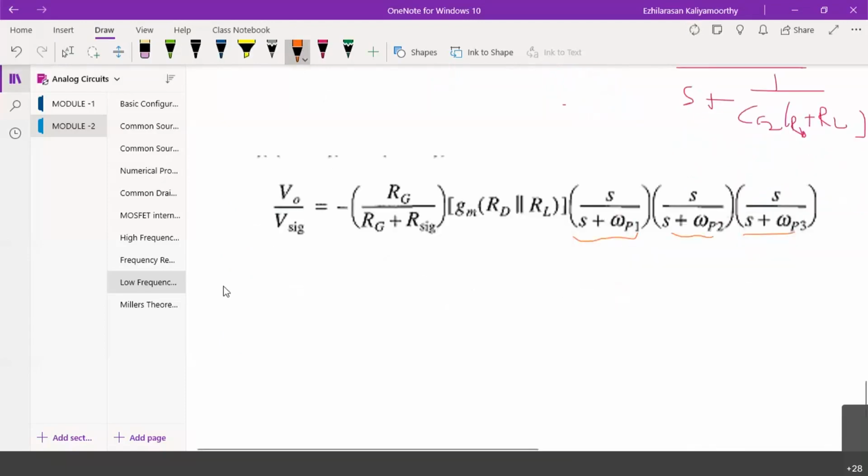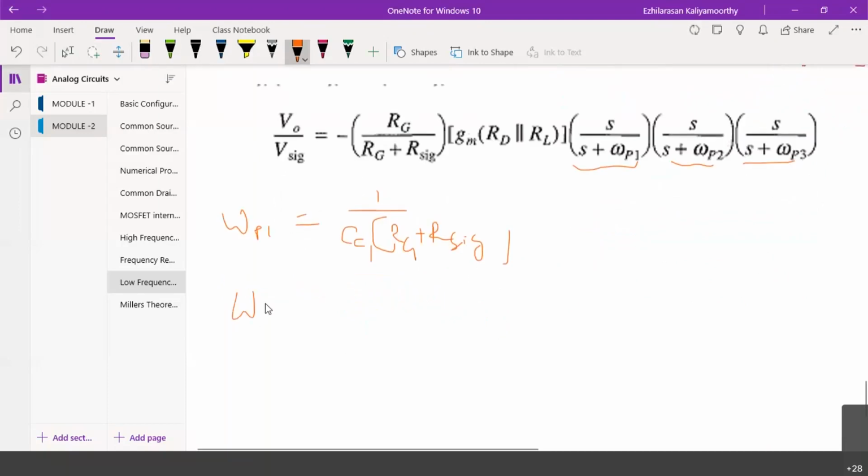Omega P1 is nothing but 1 divided by CC1 into Rg plus Rsig. We know omega P2 also: omega P2 is nothing but Gm by Cs.